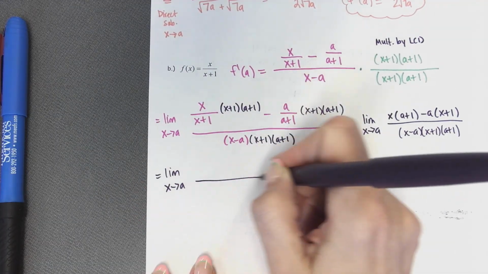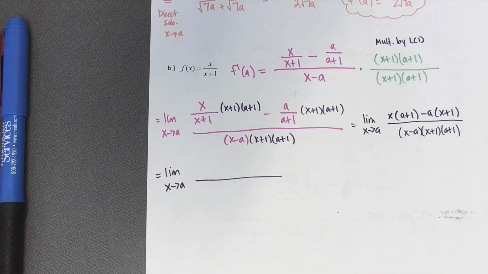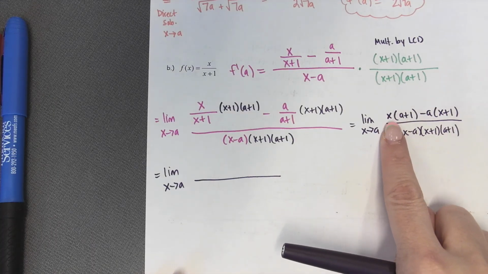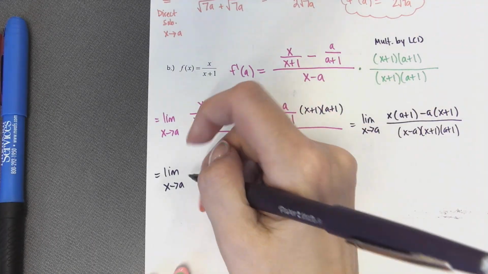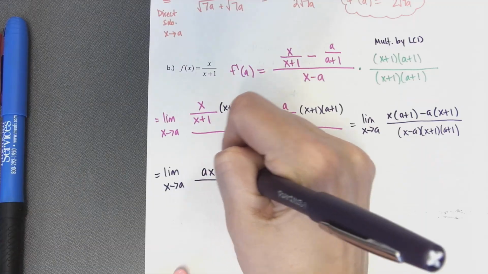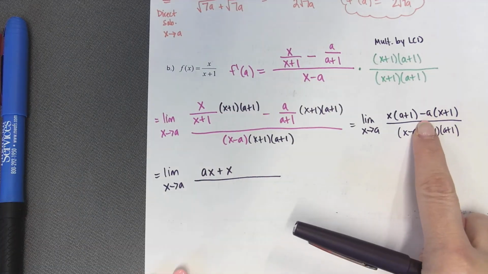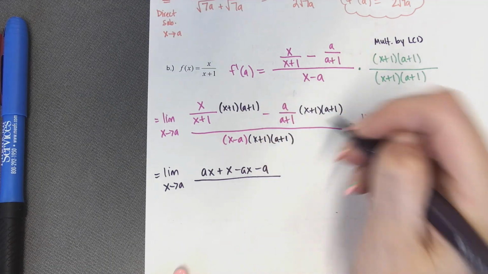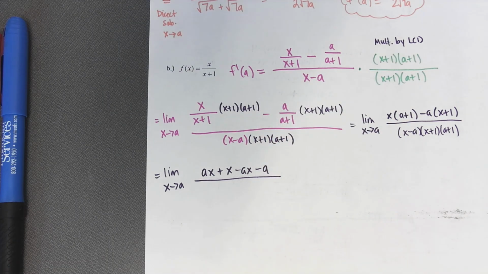Where you simplify, where you do the distribution. So x times a, you can write it as xa or ax. X times 1 is going to be x. And then here, negative a times x is negative ax. Negative a times 1 is negative a.